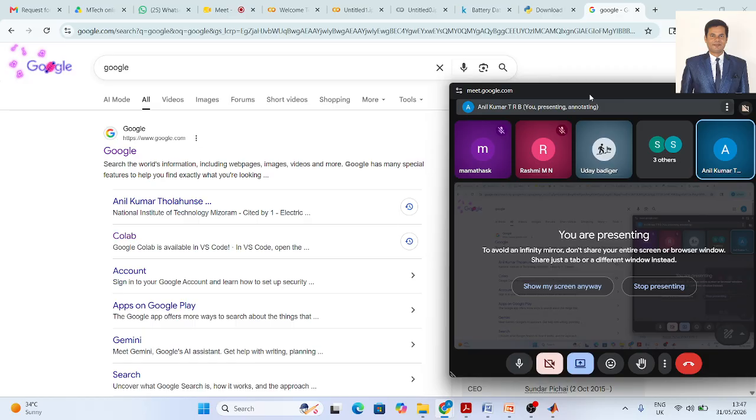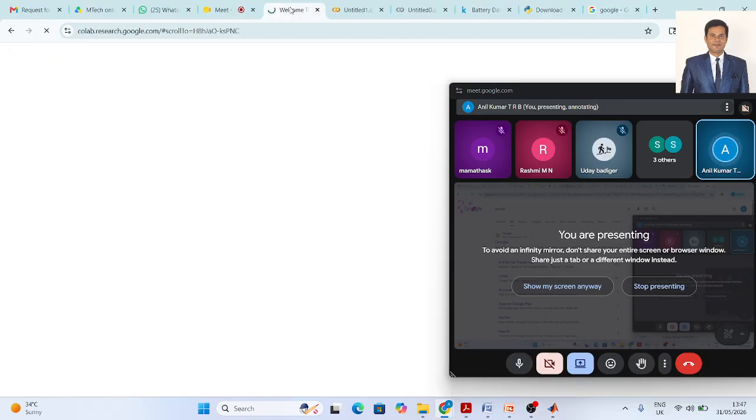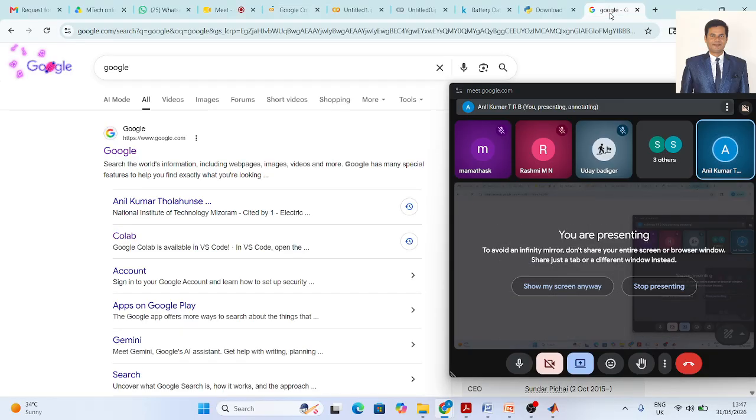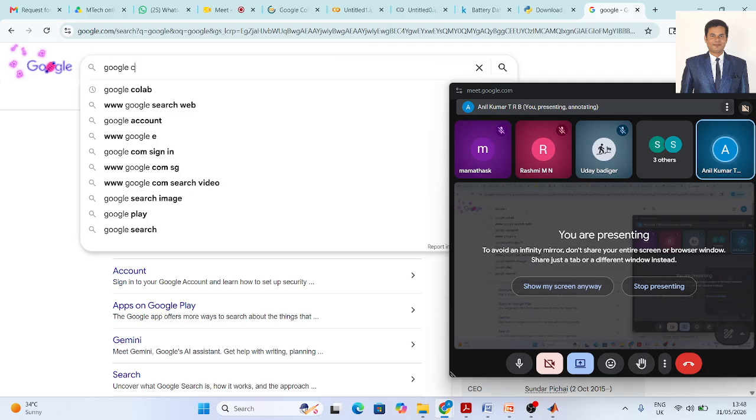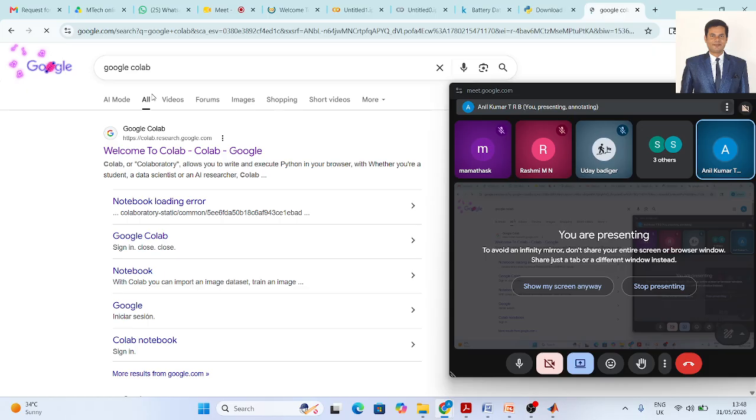Yes, sir. Okay, so there you can open Google Colab. Try to open the Google Colab notebook. Is the Google Colab notebook visible?